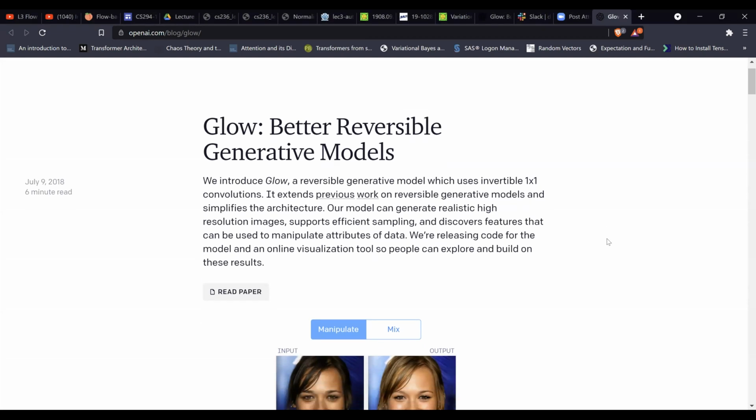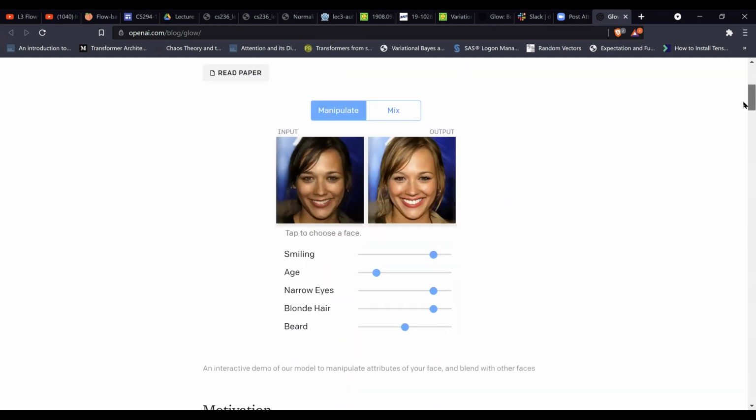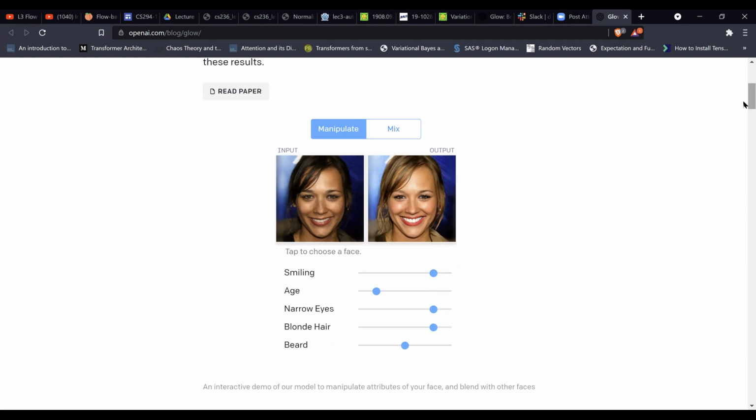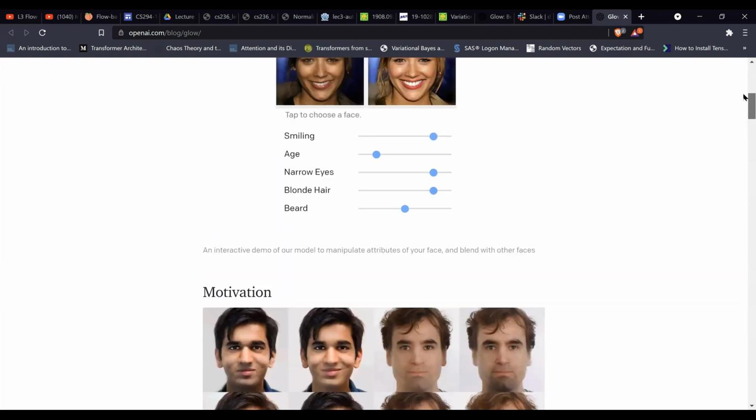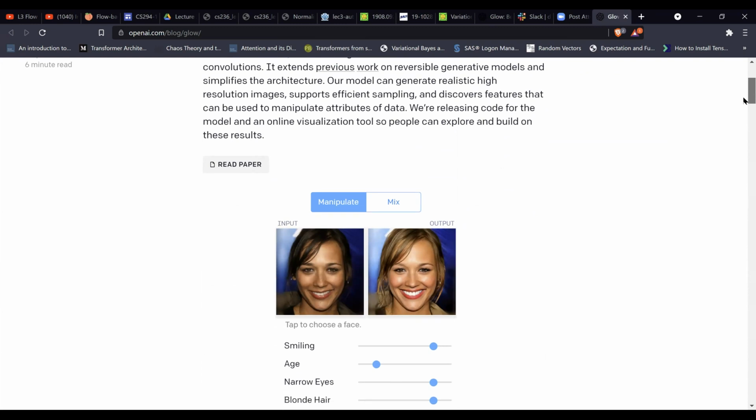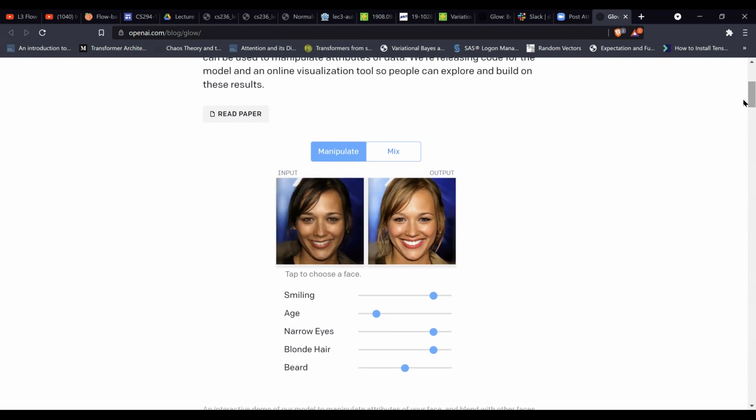Yep. Awesome. So if anybody got into the second part, you saw them talk a little bit about Glow. I think they talked about that in one of the earlier lectures too. And back to being able to do really cool things with latent space, right? Because you have that exact mapping, you can extract interesting things from your latent space.